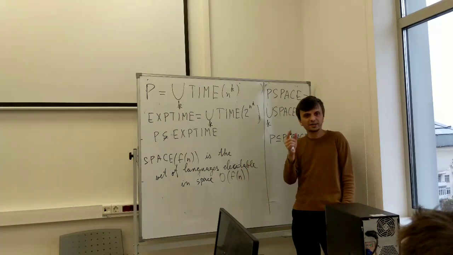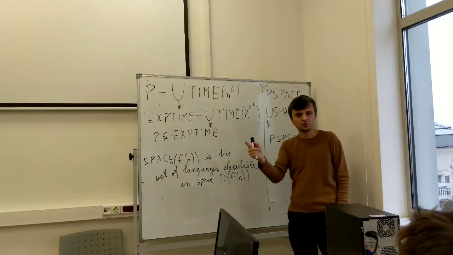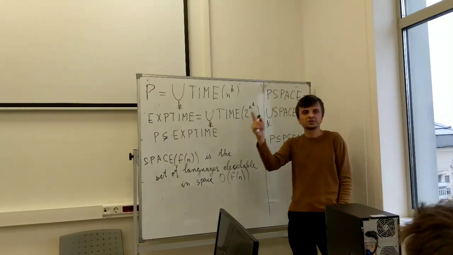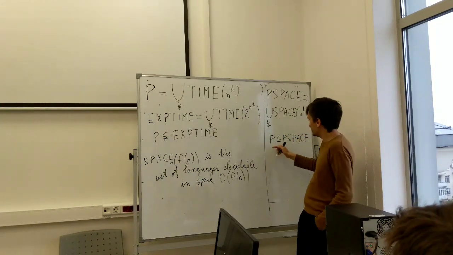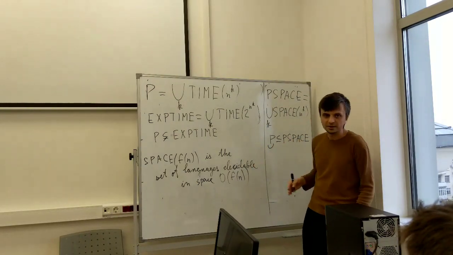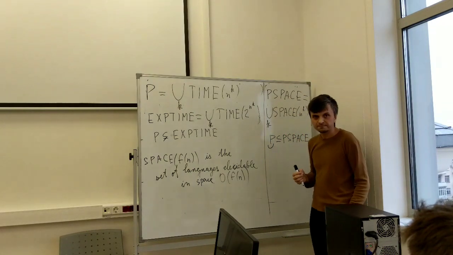A Turing machine at each step may use one more cell at most. Either it goes back to a cell that it saw before, or it goes to a new cell. So if it makes a polynomial number of steps, then it can't use more than a polynomial number of cells.